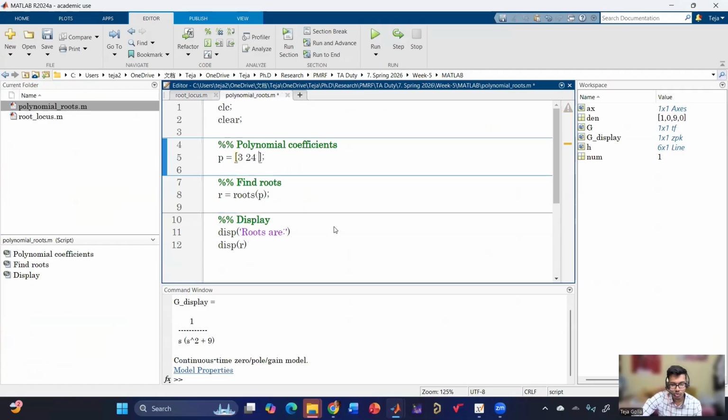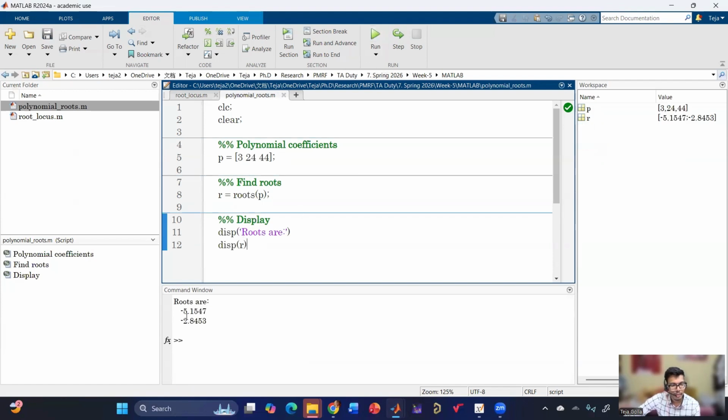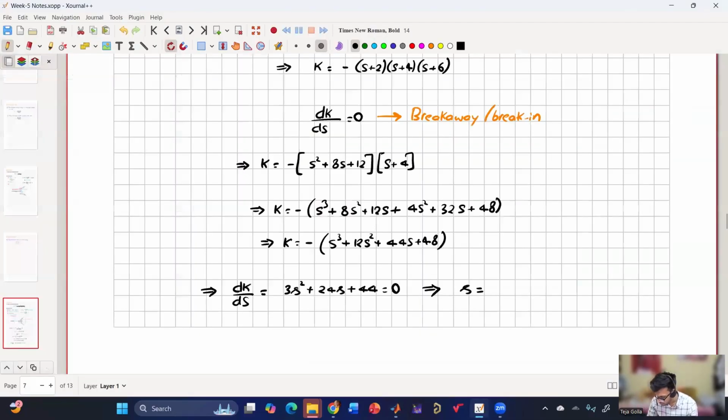If you click run, this is the polynomial, and these are the roots that it will calculate and display. The roots are -5.15 and -2.84. Calculating the roots can be done in leisure time, but just to save time, I have written the code. I'll also be uploading the code so you can use it if you need.